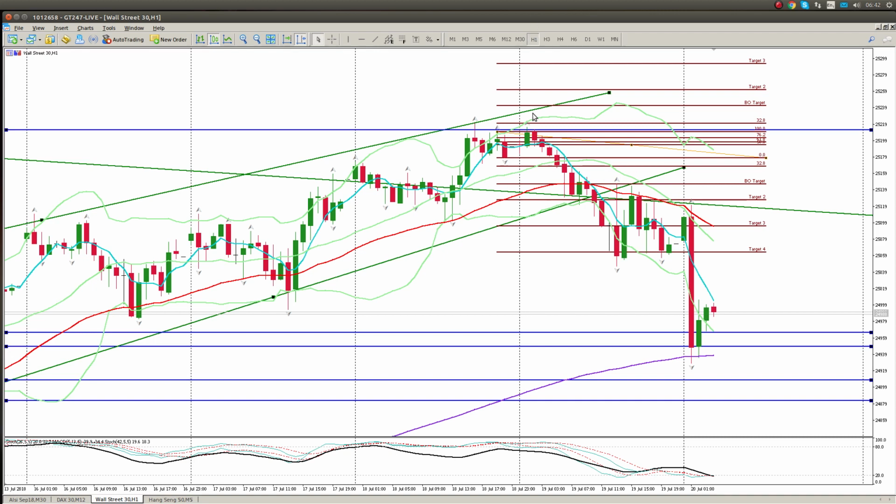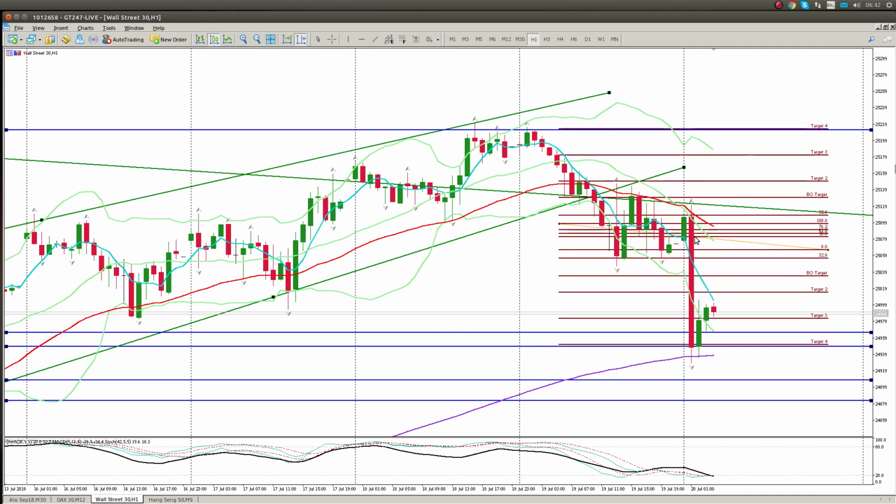And if you look at the hour, you can see how we just tracked below the 5 moving average pretty much until the close. No, what time was this? Till 3 o'clock. Yeah, so right up until the open. So you could have hit target 4 before the open, closed out, and stayed out of this volatility at the open. Okay, so what's the situation today with the closing range?